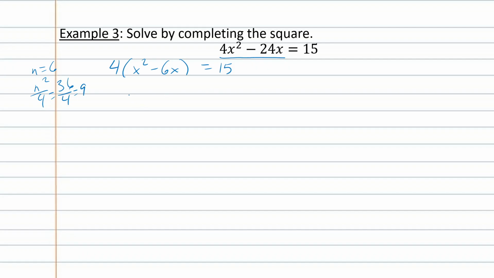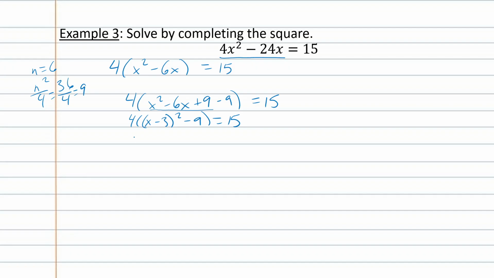So this needs to be 4 times x squared minus 6x plus 9 and minus 9 equals 15, to where if we factor it, it's going to look like x minus 3 squared, keep that minus 9 on the outside, equals 15. So the x minus 3 squared comes from this piece right here. Minus 3 times minus 3 is 9, minus 3 plus minus 3, negative 6.